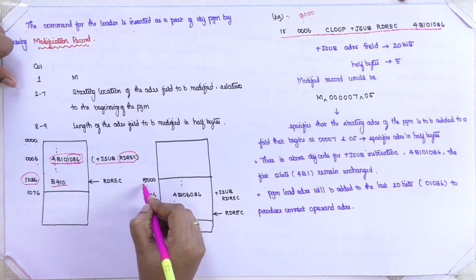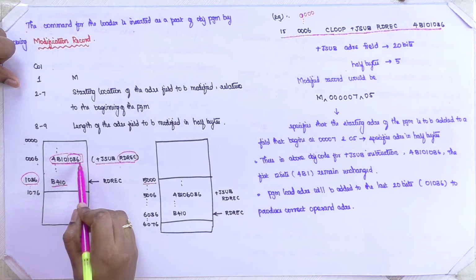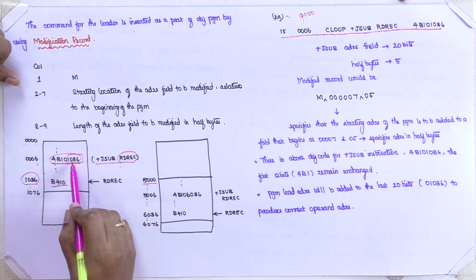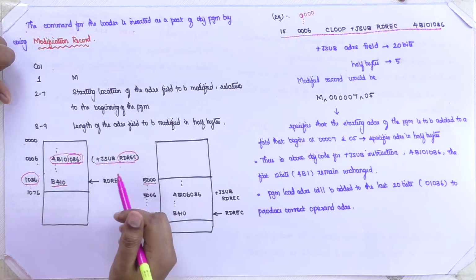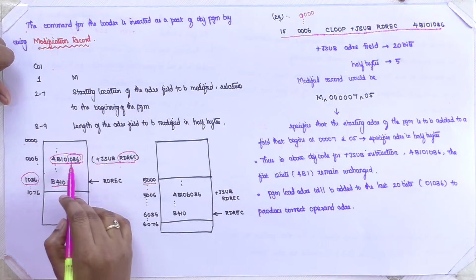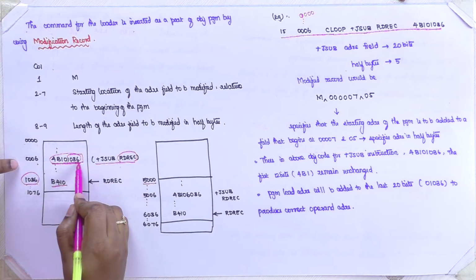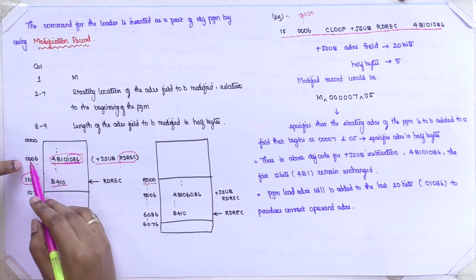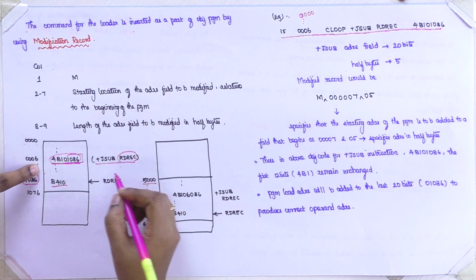Now consider my program is loading at 5000. The assembler will instruct the loader that this instruction needs to be modified with respect to the starting address. If my starting address changes to 5000, you have to add the starting address to this address field. The actual address of 4B101036 is 0006, so when 5000 is added to 0006, it becomes 5006.